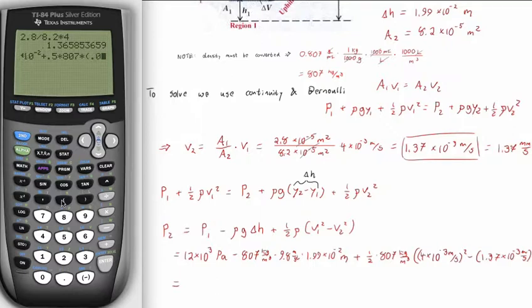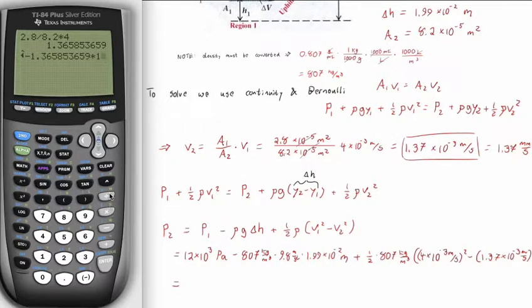That's our 4 millimeters, and I'm going to square that, and then subtract this value here, which I'll multiply times 10 to the negative 3.